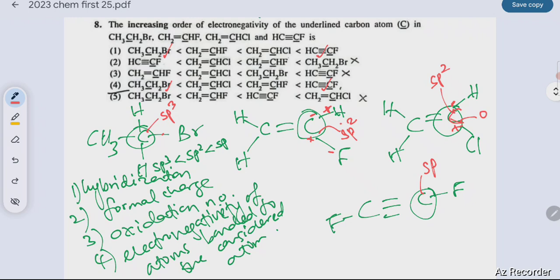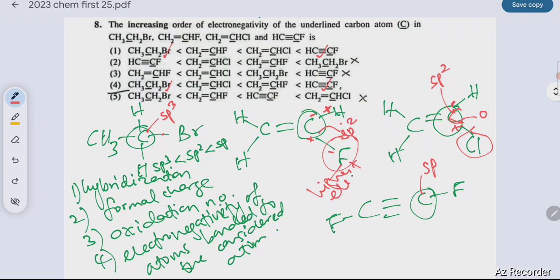Next we have to go for the electronegativity of the atoms bonded to the considered atom. Here carbon is bonded to hydrogen and fluorine. Here carbon is bonded to hydrogen and fluorine. So the difference is the fluorine and chlorine atoms. Out of that, fluorine has the highest electronegativity.